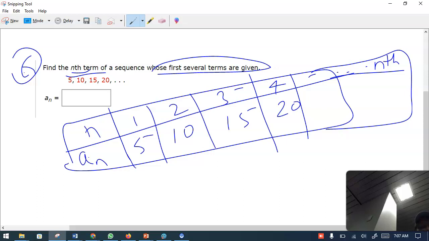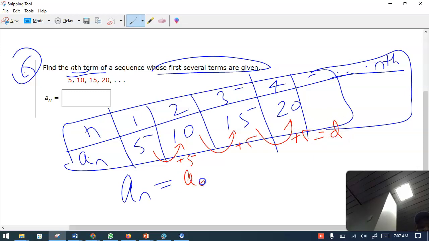How do we find the nth term? Remember the formula: you can see there's a common difference, each time you're adding 5. So that's the D part which I'm talking about. So you always do the first term A1 plus D times n minus 1.